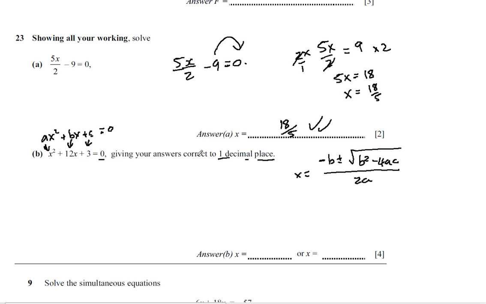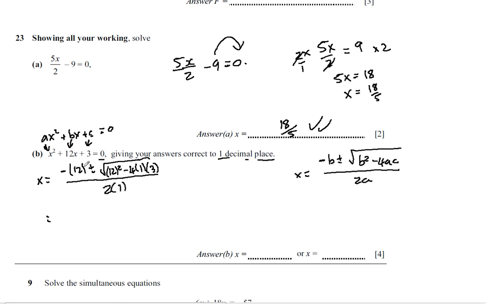So substituting these values into this equation, x is equal to negative b, so negative 12 plus minus the square root of b squared, so 12 squared, always keep your brackets in this case, minus 4 in bracket a, which is just 1, c, which is 3, all over 2 times a, which is 1, and then we get our values.